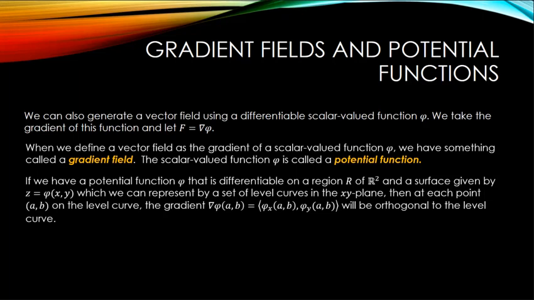Now, if I have a potential function phi that is differentiable on a region R in R2 space and a surface given by z equals phi of xy, which we can represent as a set of level curves in the xy plane, then at every point (a, b) on each level curve, the gradient del phi of (a, b), given by the vector with components phi sub x of (a, b) and phi sub y of (a, b), will be orthogonal to my level curve.